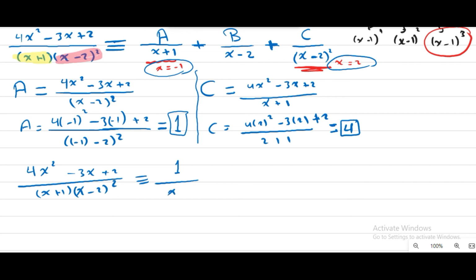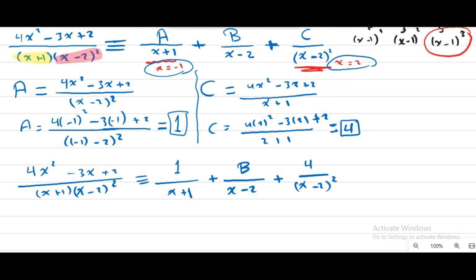So 1 over x plus 1 plus, we didn't find B, so it'll be the same. We can choose any value for x, but it's better to choose 0 if it's not one of these values. If we didn't choose 0 before in the place of x, we can use it here, and it's better to use it.